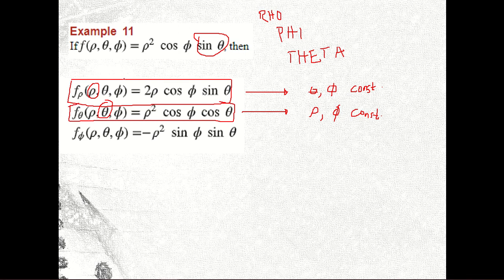Then finally we have the derivative of this function, this time with respect to phi. If with respect to phi, then we have rho and theta as constant. All right, so rho is constant, theta is constant.